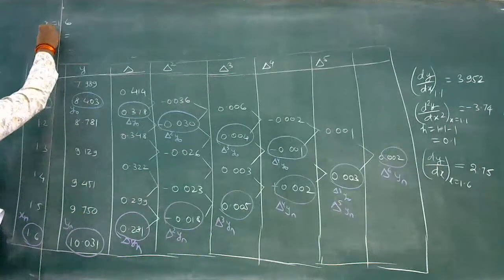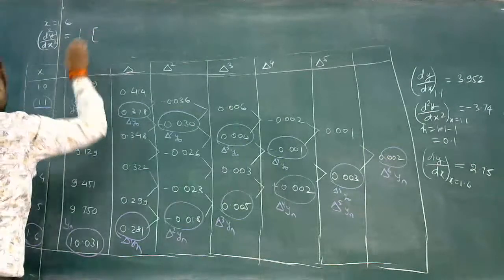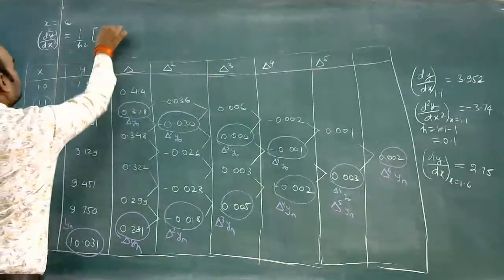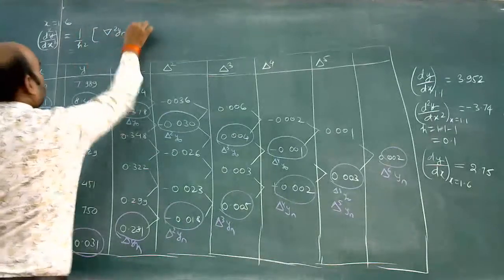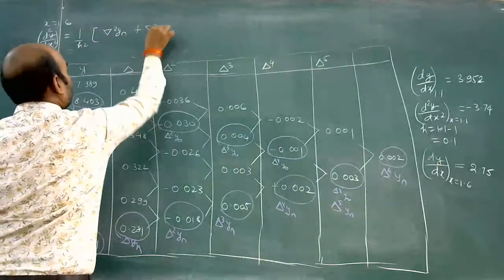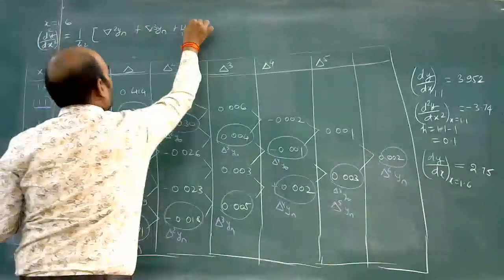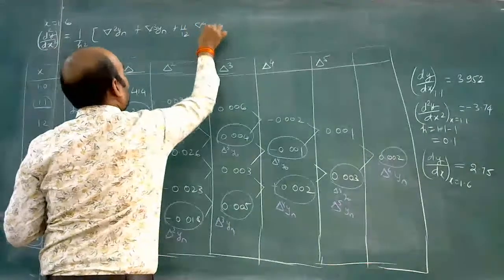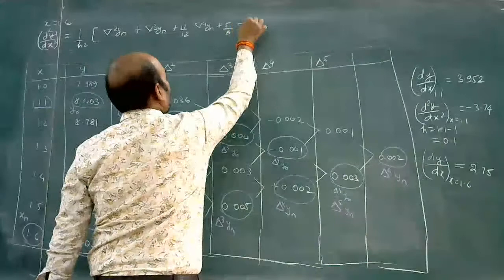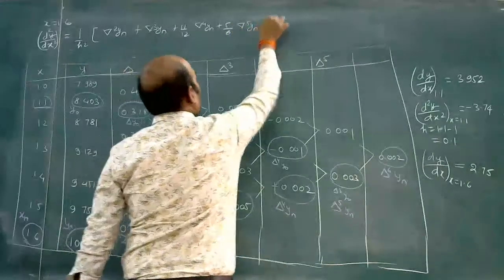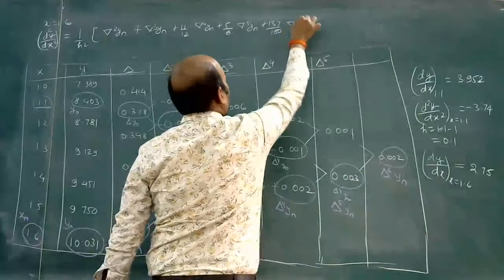It will be d square y by dx square equals 1 upon h square into del square yn plus del cube yn plus 11 by 12 del to the power 4 yn plus 5 upon 6 del to the power 5 yn plus 137 upon 180 del to the power 6 yn.